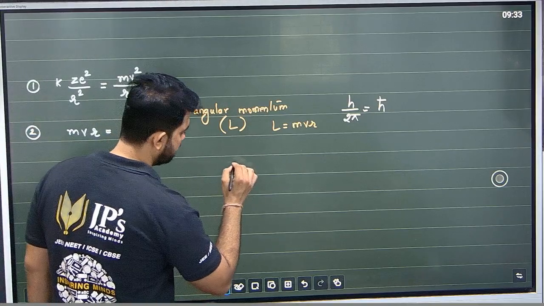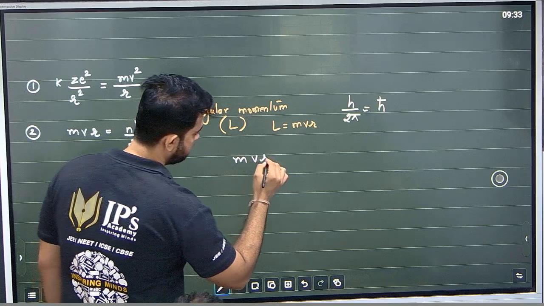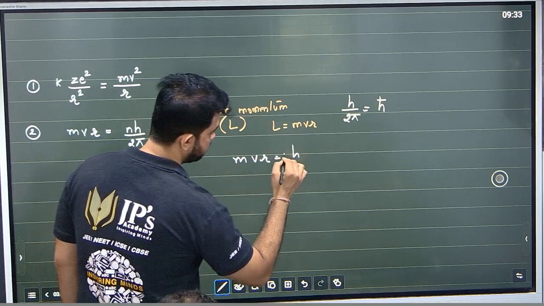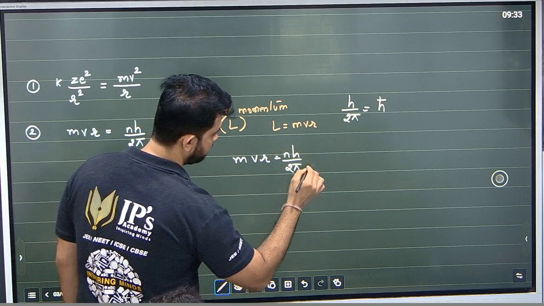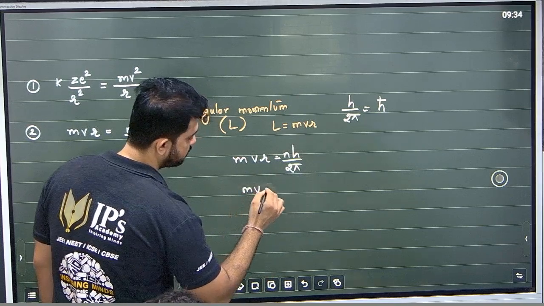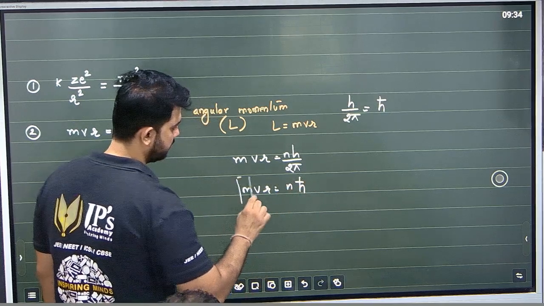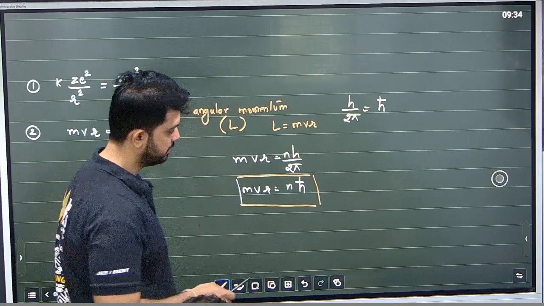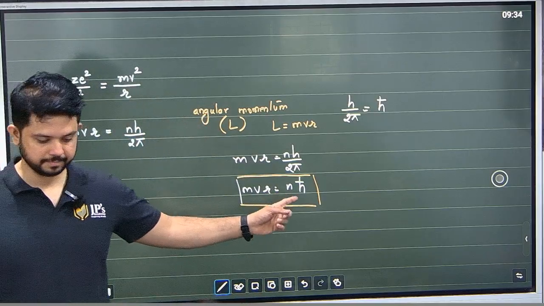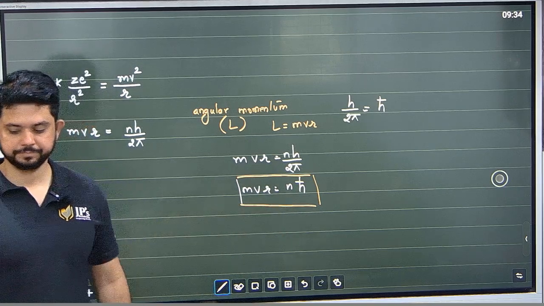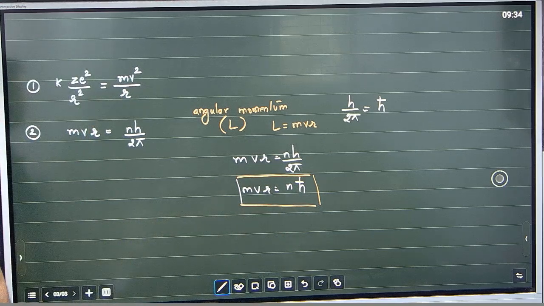And so mvr, which we wrote as nh upon 2 pi, this mvr can also be expressed as n h bar. ठीक है ना.